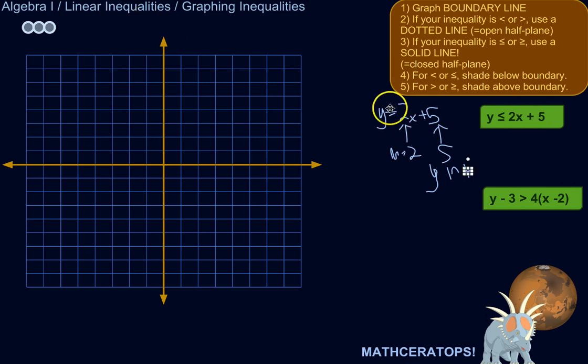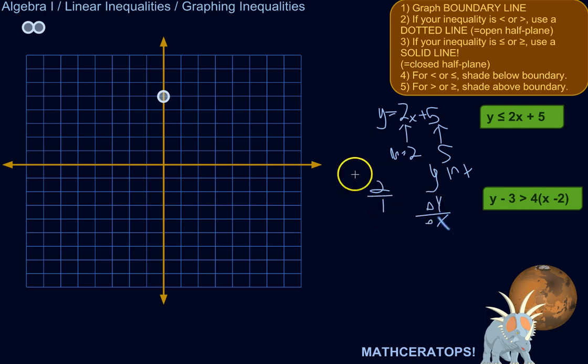So let's find the y-intercept first. So 1, 2, 3, 4, 5. And then the slope is 2, which I can rewrite as 2 over 1, because slope is the change in y over the change in x.